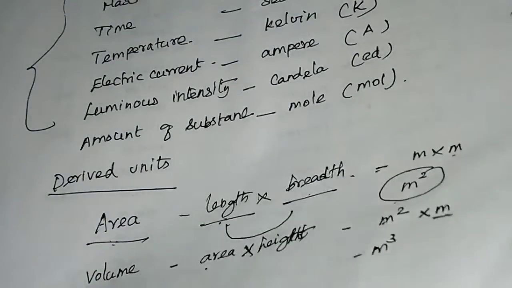Now we are going to explain the rules and conventions to follow for these units, that is, for the SI units that we use for derived units. While writing SI units, we have some rules and conventions.